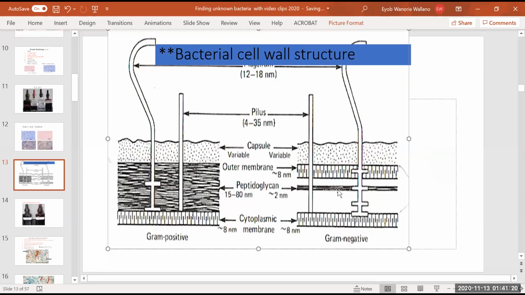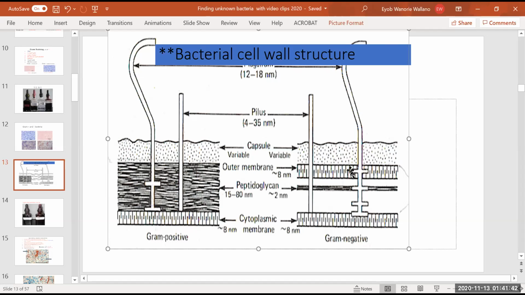One, a smaller peptidoglycan compared to gram-positive. Secondly, they have an outer membrane, we call it the outer membrane. Two, this outer membrane contains outer membrane protein and lipopolysaccharide, two of them.